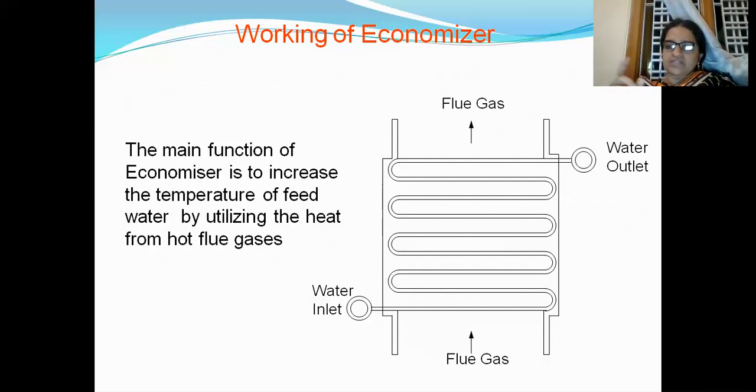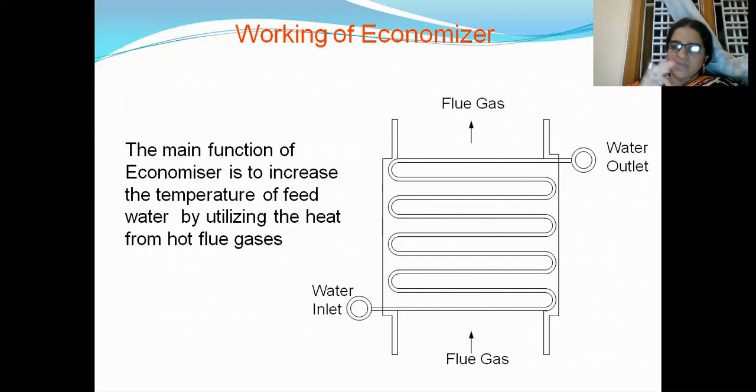Instead of directly passing these flue gases to the chimney, we pass them from the boiler. As they are released towards the chimney, in between they are allowed to pass through the economizer, air preheater and superheater.